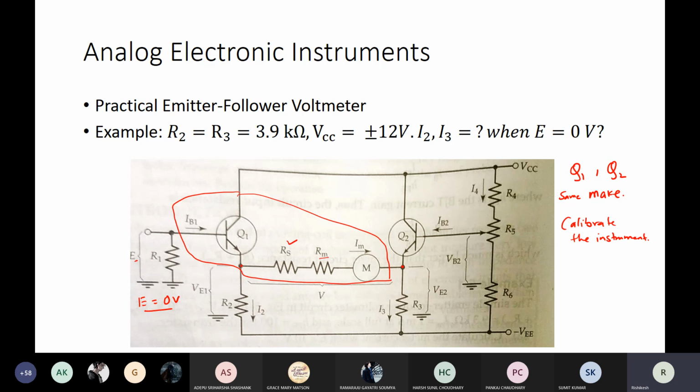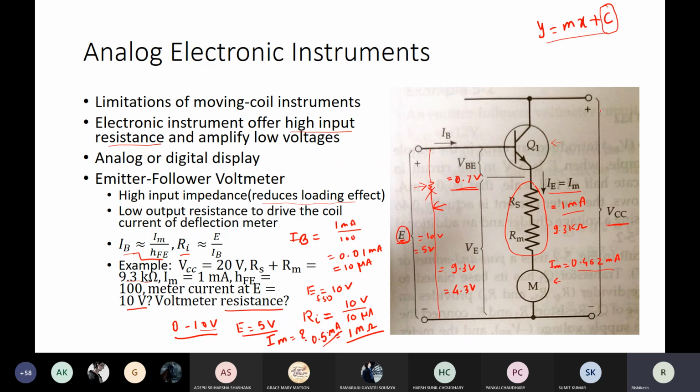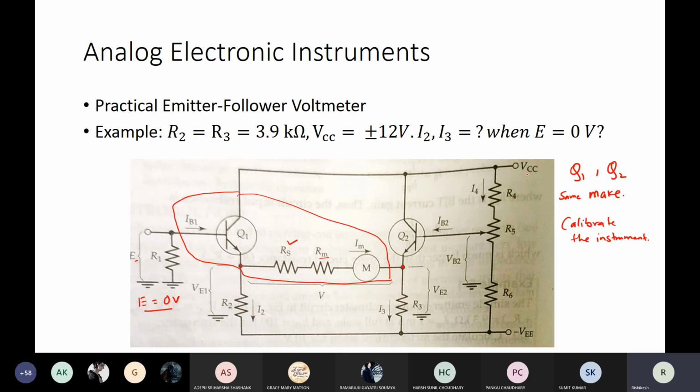One more important thing: the difference between these two is that the earlier circuit consisted of only one power supply, the external supply VCC, positive, and this is the negative terminal. In this case, we have two power supplies. One is the positive supply VCC, one is the negative supply VEE, and this is the ground potential, 0 volts, or rather a common terminal with respect to which these voltages are measured.